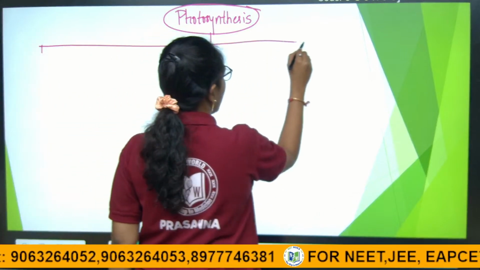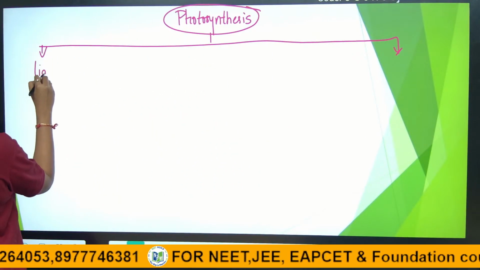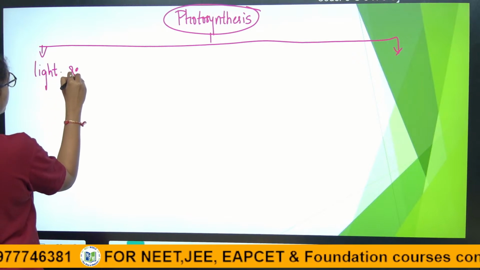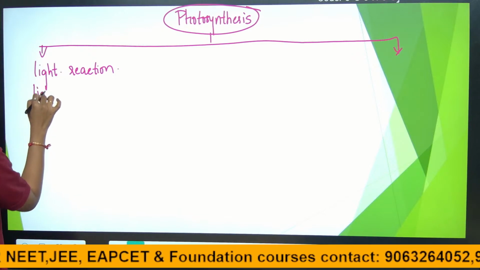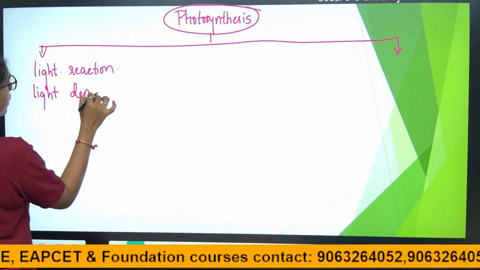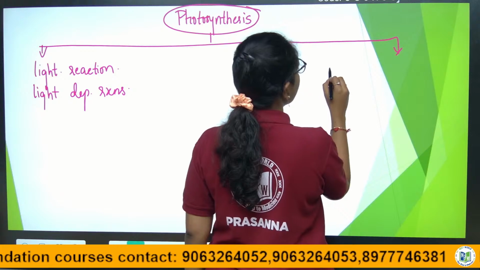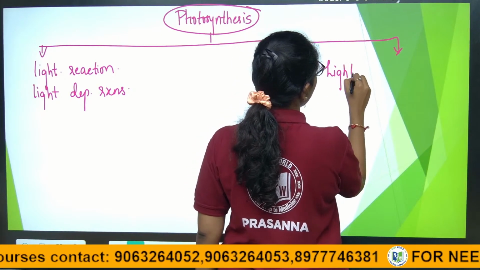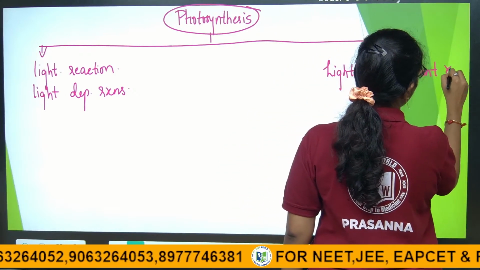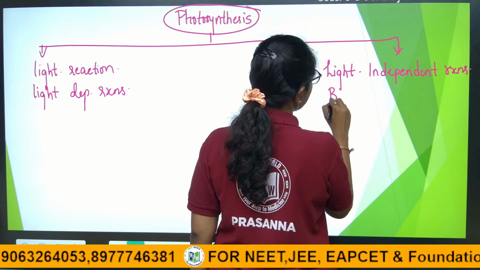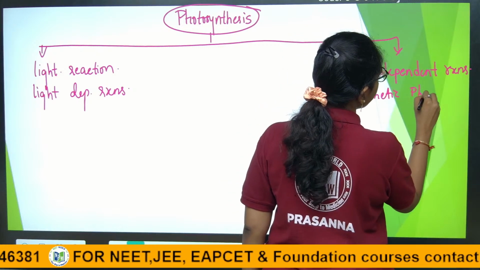One is the light reaction, or light dependent reactions, and the second is dark reactions, or light independent reactions, or biosynthetic reactions. Biosynthetic phase also we will call it, okay.